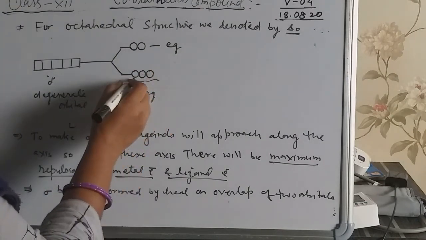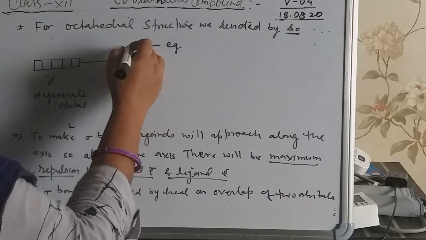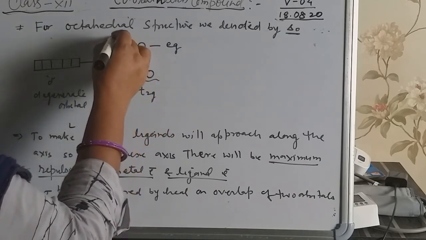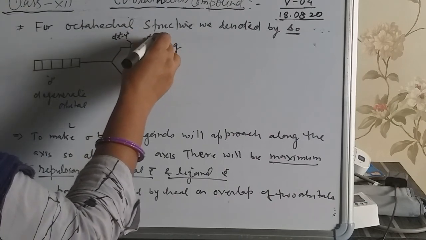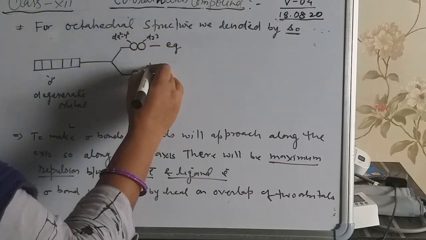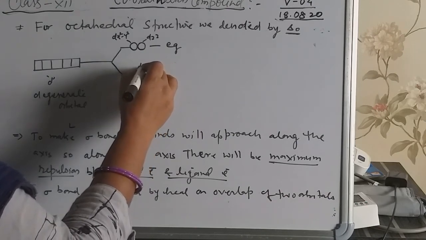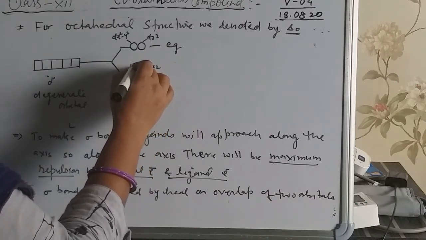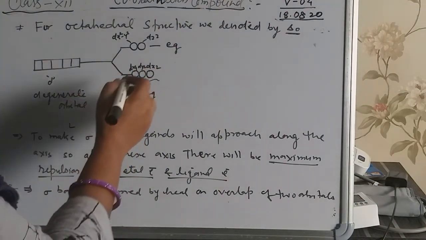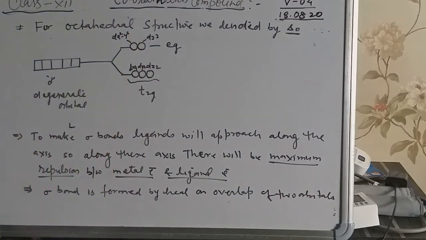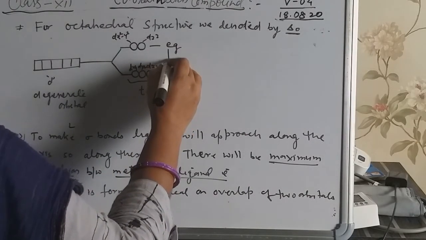These 3 are dxy, dyz, dxz, and this is dx²-y², and this is dz².